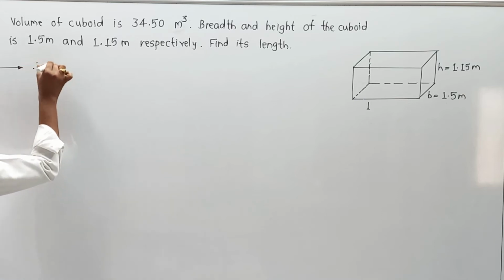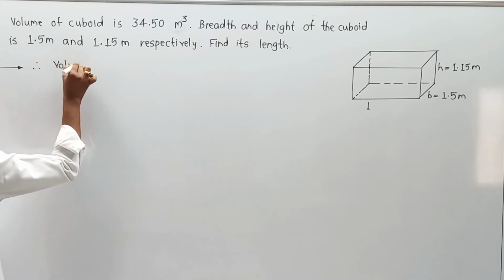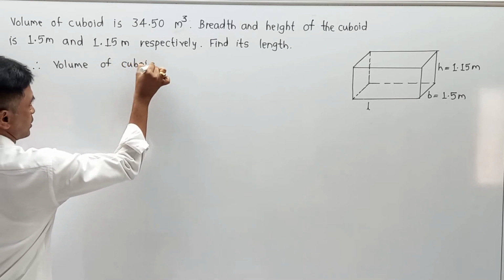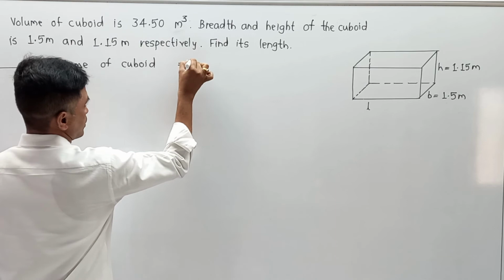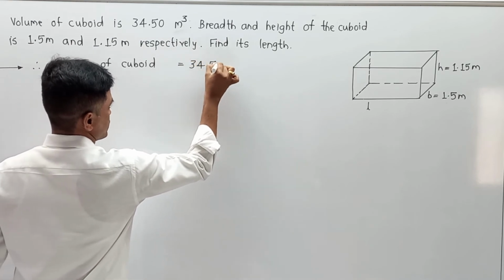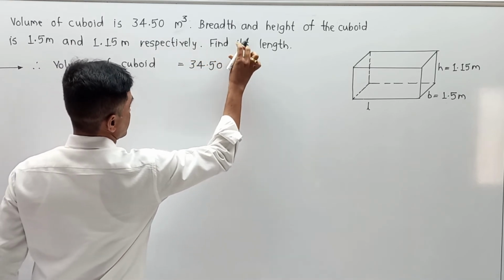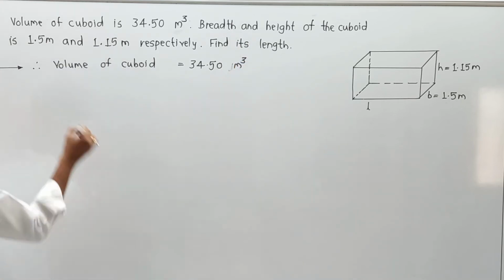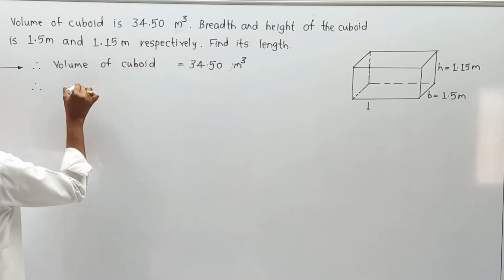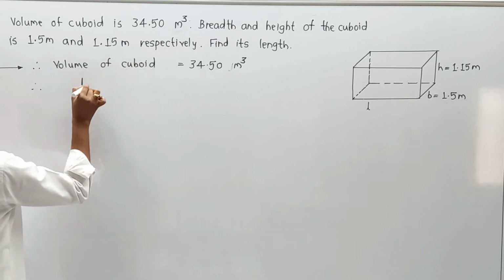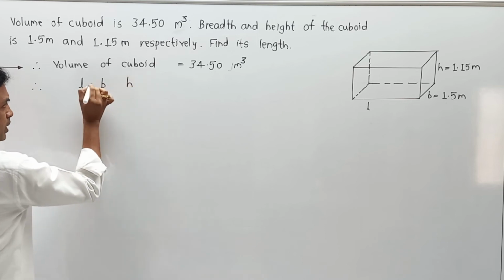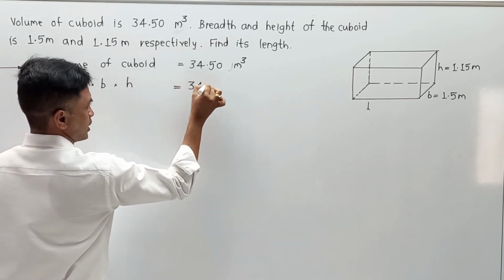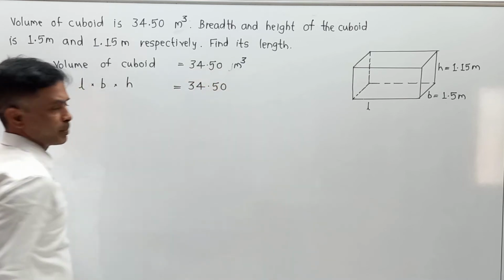Therefore, volume of cuboid is equal to 34.50 cubic meter. Next, we know that the volume of a cuboid is length into breadth into height, equal to 34.50 cubic meter.